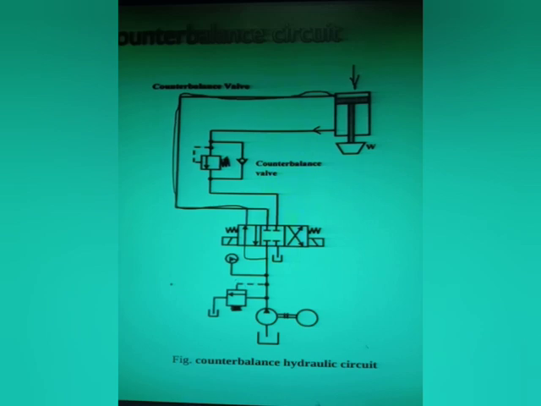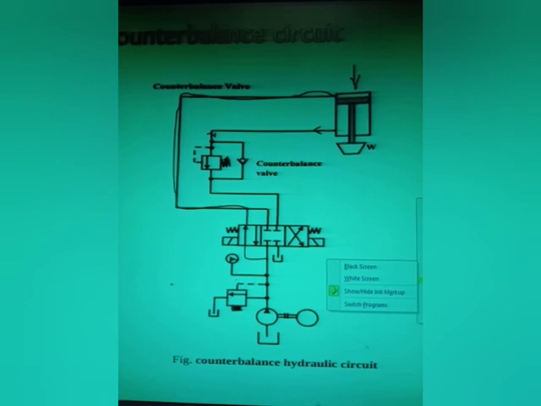Now you see, when the oil comes from here, that oil will not flow through this valve because this valve is normally closed. If the oil moves toward this check valve, it will also not move through it because this check valve is also closed. This check valve will allow only the forward motion of the oil.